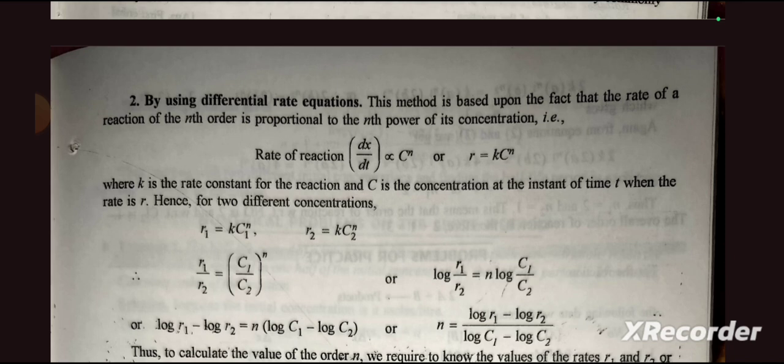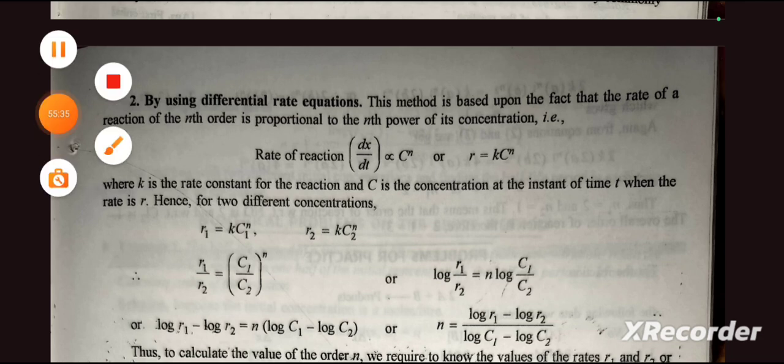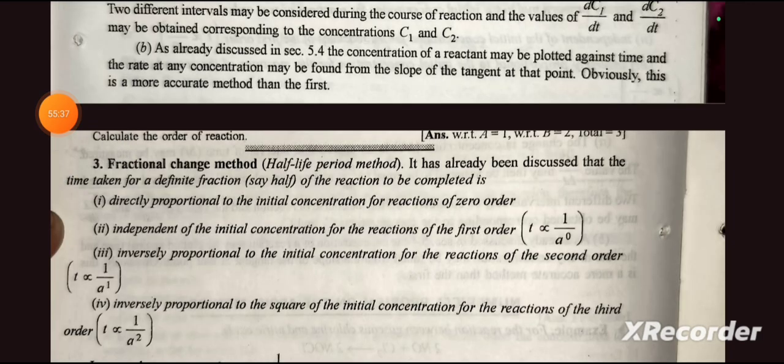Hence, for the two different concentrations, r1 is equal to k c1 power n, r2 is equal to k c2 power n. r1 divided by r2 is equal to c1 divided by c2 power n, or n is equal to log r1 minus log r2 divided by log c1 minus log c2.